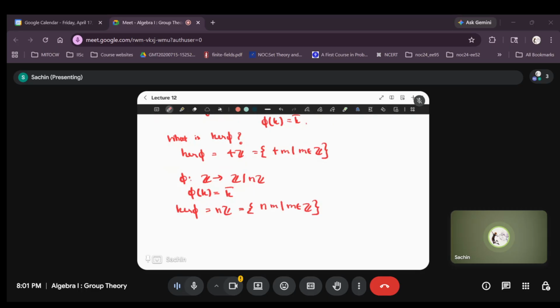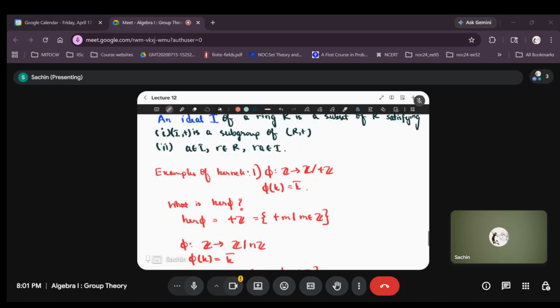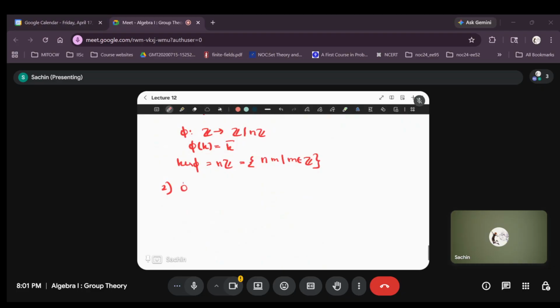What about the other example? Phi 2. What is the kernel? It's the set of all f of x in Z of x such that phi 2 of f of x is the 0 of Z, which is simply 0.